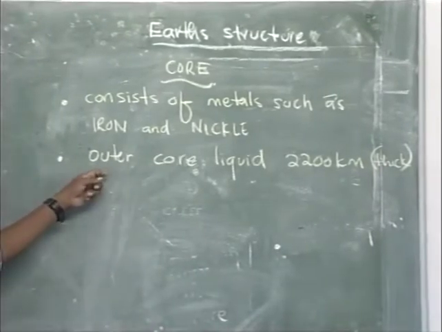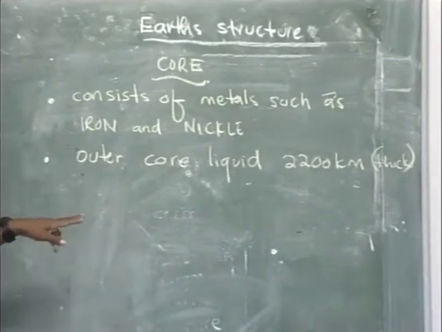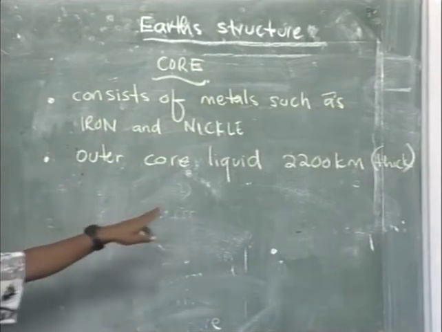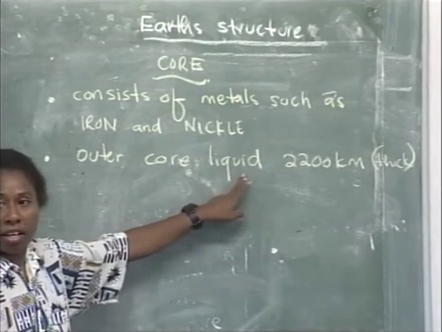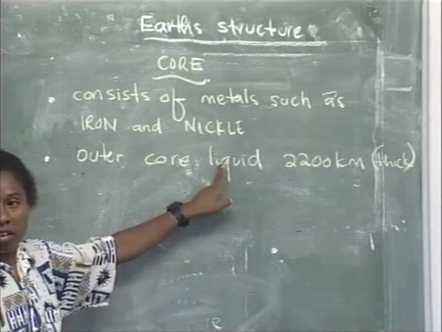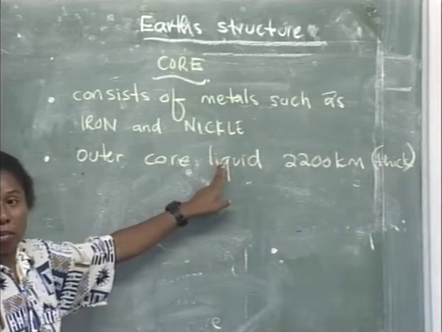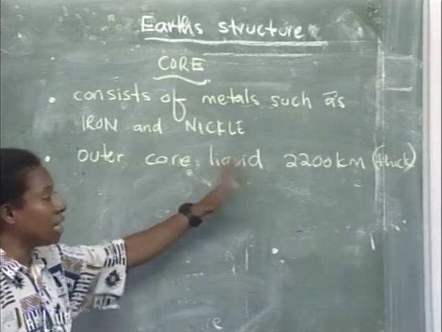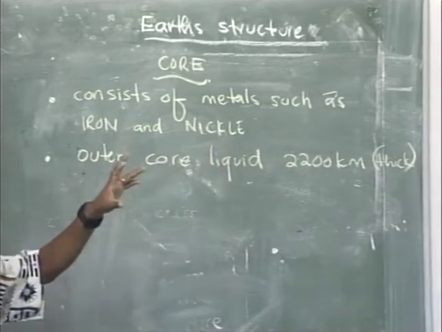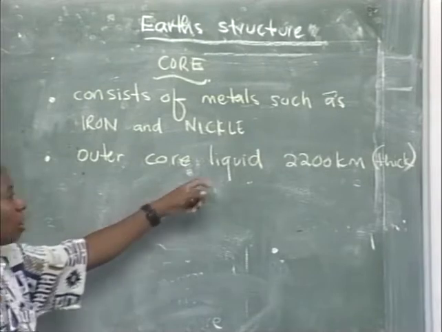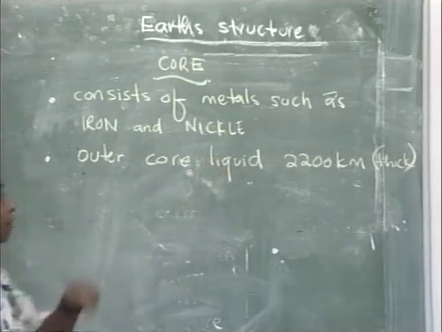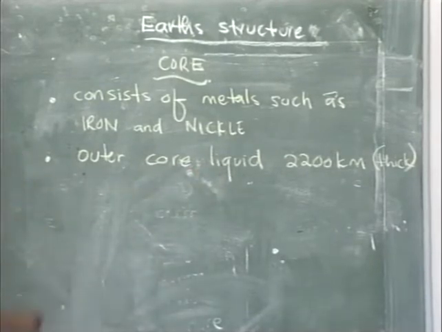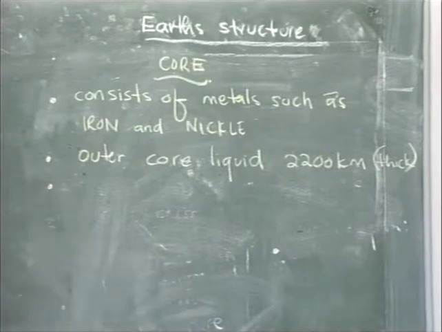The outer core is liquid, 2,200 kilometers. Another word we can use maybe instead of liquid? Molten, yes. Maybe molten would be another appropriate term, because when we talk about liquid, some people might already be thinking about water. So we're talking about molten here, when we're referring to this term in this concept.